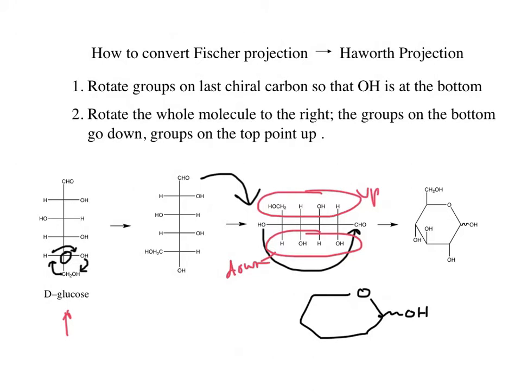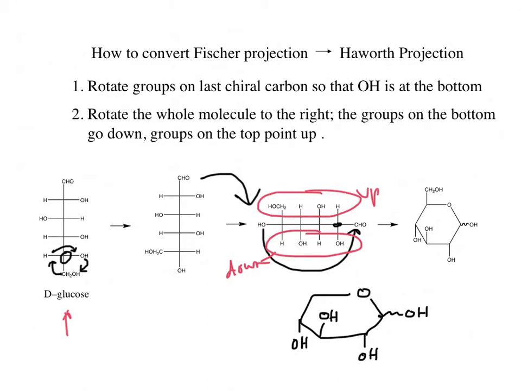So let's go ahead and do it. The first OH, as I go around, that's that one right there where I just put the dot, is down. So OH goes down. The next OH down the chain, up. The next OH on the chain, down.